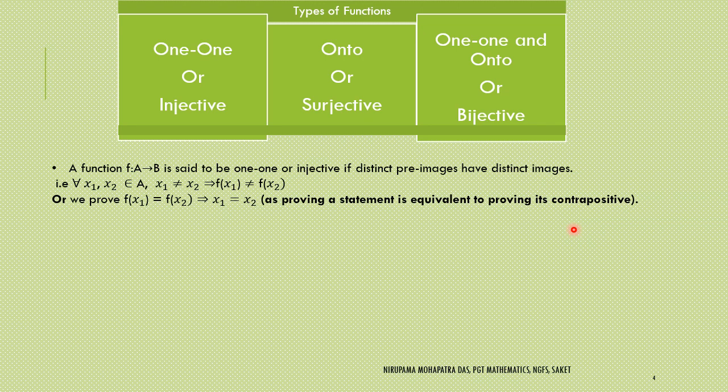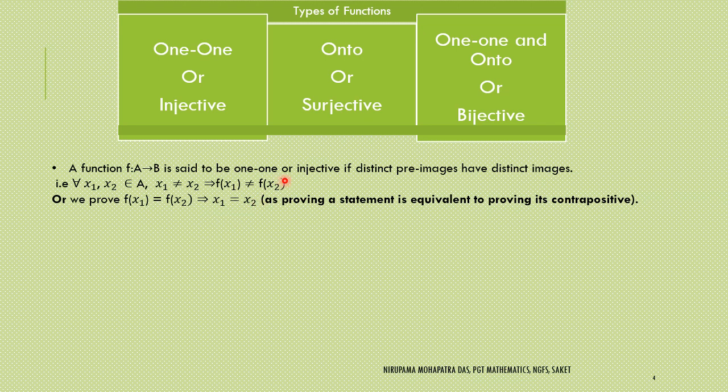Okay, if the statement is P implies Q, then negation of the converse means negation of Q implies negation of P. Here, whenever we say x1 not equal to x2 implies f(x1) not equal to f(x2), the contrapositive of the statement will be, we take the negation of the converse: f(x1) equal to f(x2) implies x1 equal to x2.